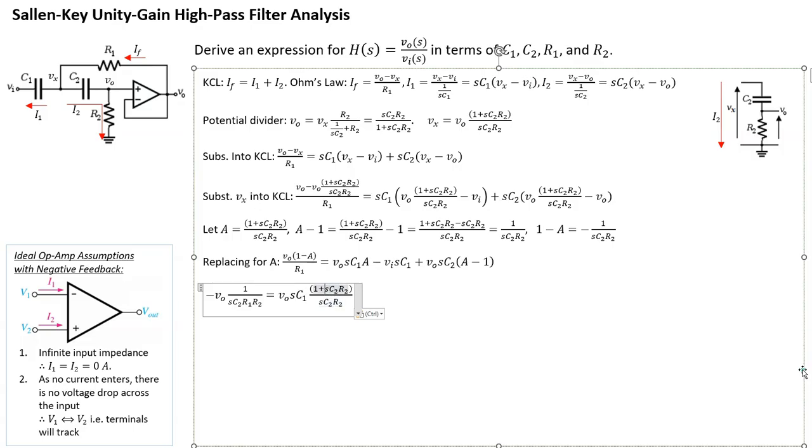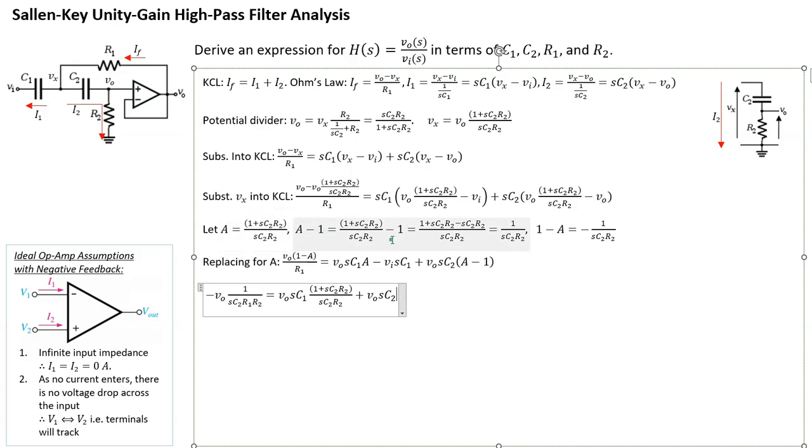Okay, so that's A. Make sure there's no gap here. That's this term here. So now for that term, I'm going to put this VO first because I'm going to group the two VOs together eventually. So I'm going to say plus VO again, SC2, and then A minus 1.